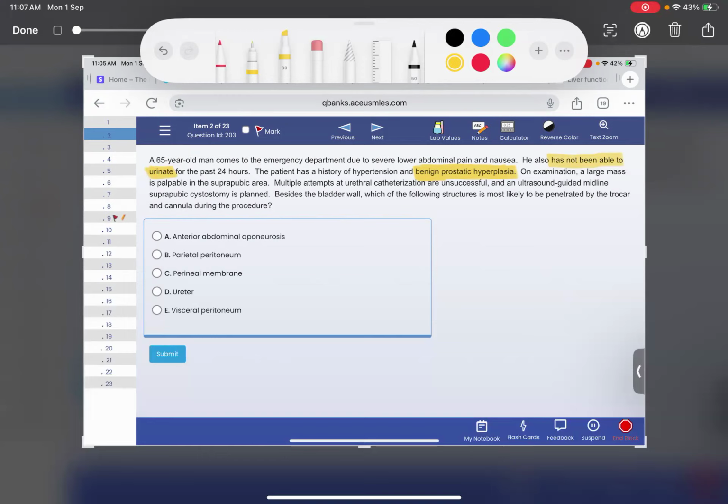On examination, a large palpable mass in the suprapubic area; they are telling about the urinary bladder. Multiple attempts of urethral catheterization are unsuccessful. Ultrasound-guided midline suprapubic cystostomy is planned.